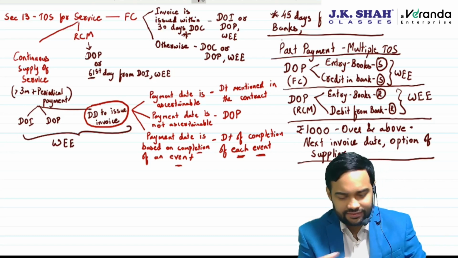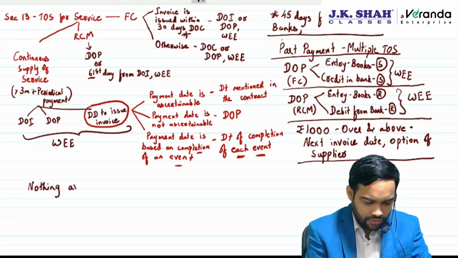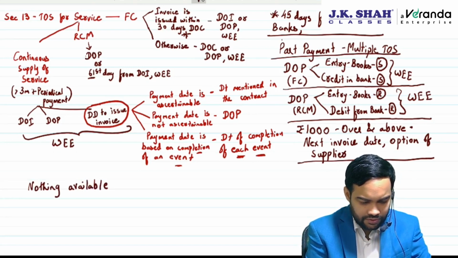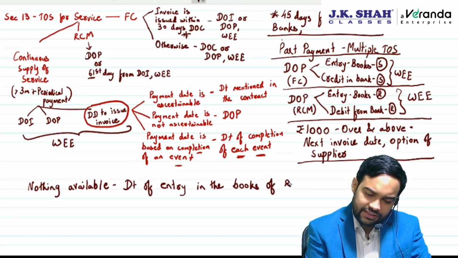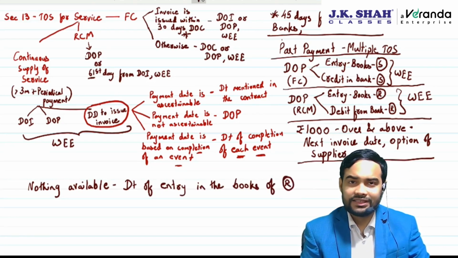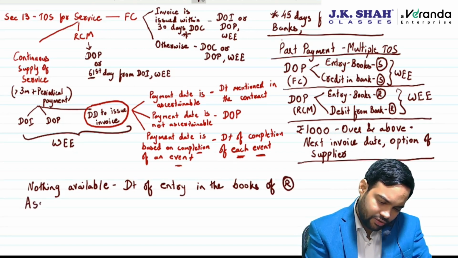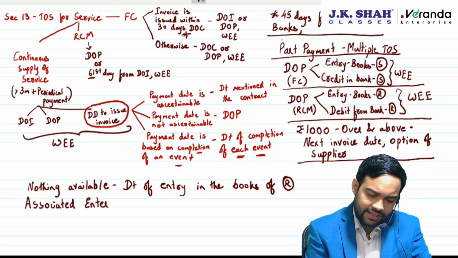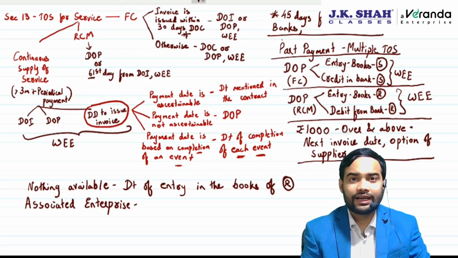Now if nothing is available, then you use the date of entry in the books of the recipient. Now this entry is the expenditure recording entry, whenever the expenditure was recorded in the books of the recipient. Plus there is a point of associated enterprise, related persons as per your transfer pricing.